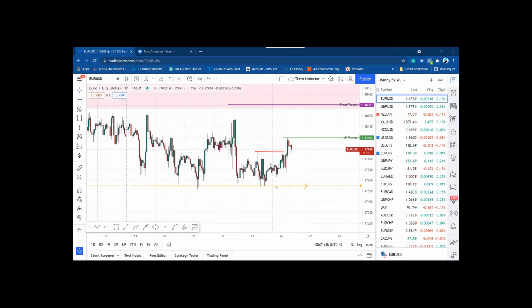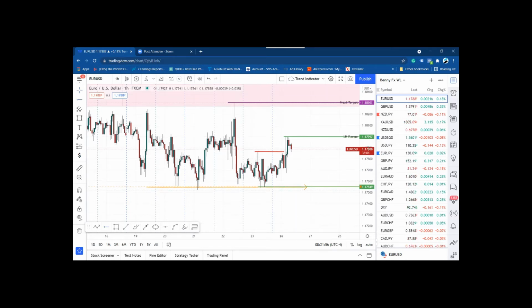Okay, and next I want to find out where is the source, where is the origin that took out this high. Took out this high is this, right? So we know that that is the origin. Okay, so now we have a range.